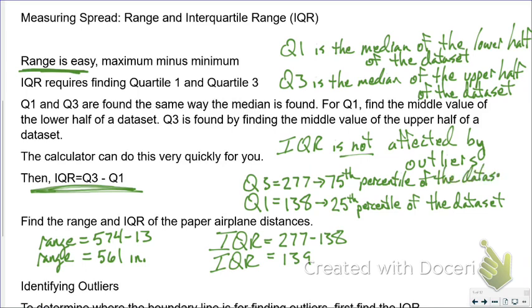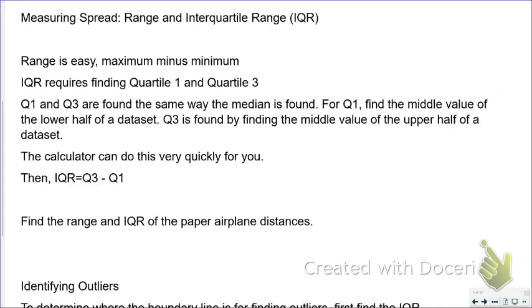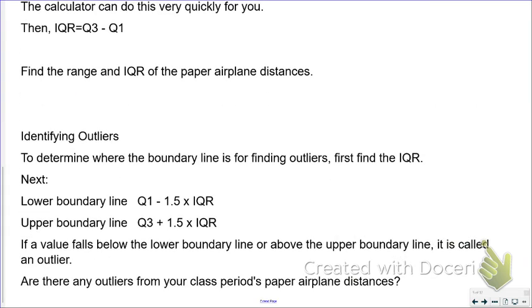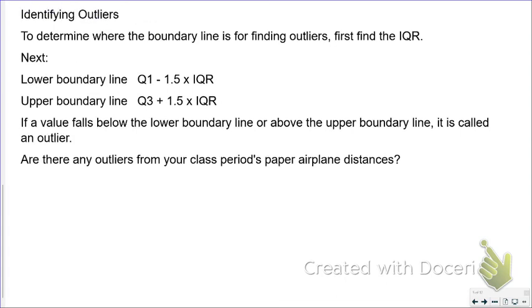All right, we're almost done. So now we need to find if we have outliers in this paper airplane data set. So what you do is you come down here, and there's this agreed upon formula, where we find these lower and upper boundary lines. And you just need to be organized when you do it. So when you find that lower boundary line, whether or not something's an outlier on the lower side, you're going to take Q1, 138, minus 1.5 times the IQR.